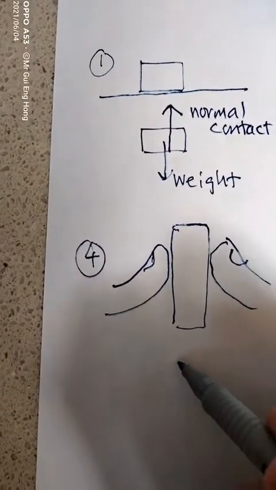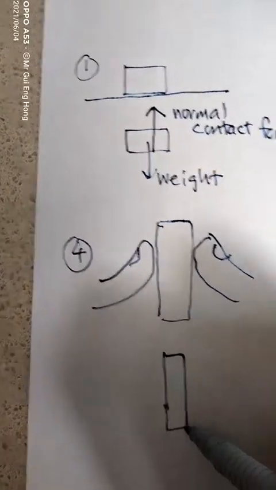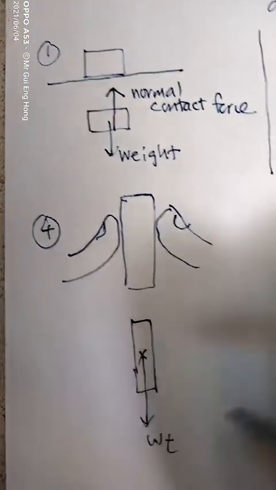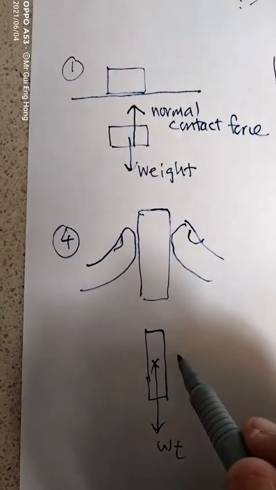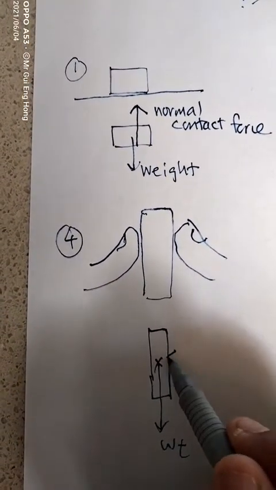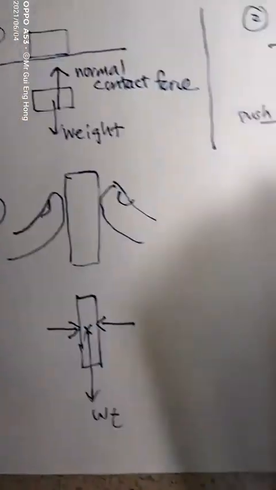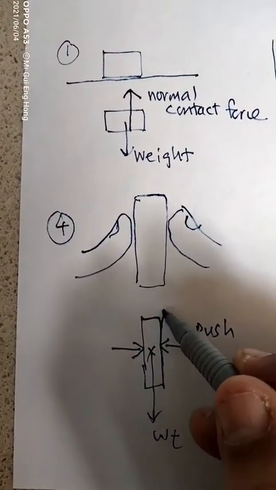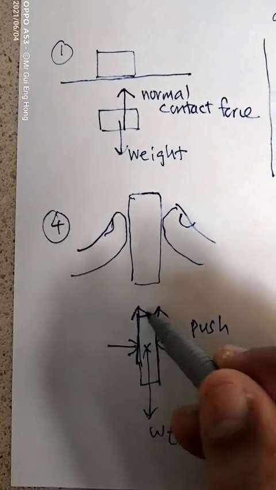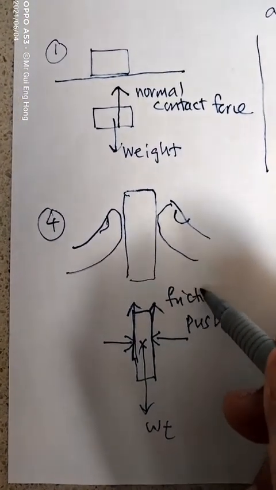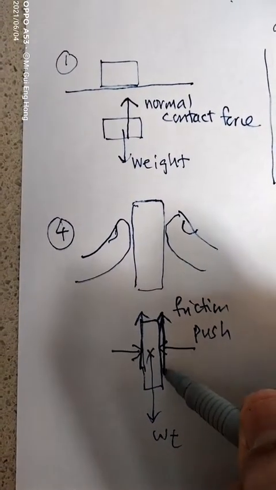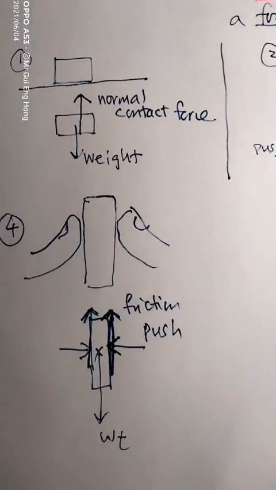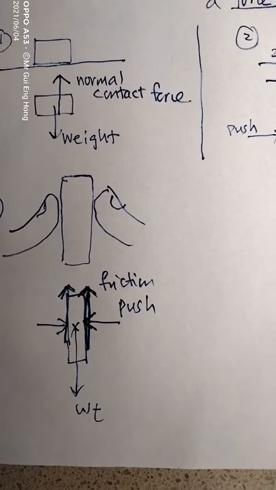The free body diagram on this coin will have a weight, and a push, the fingers pressing the coin, and on both sides of the coin, on the surfaces in contact with the fingers, there will be friction.